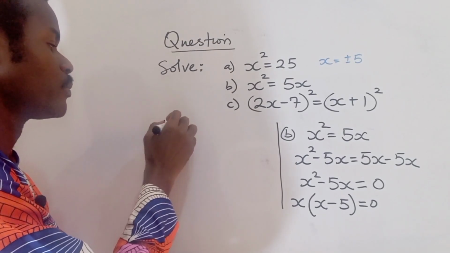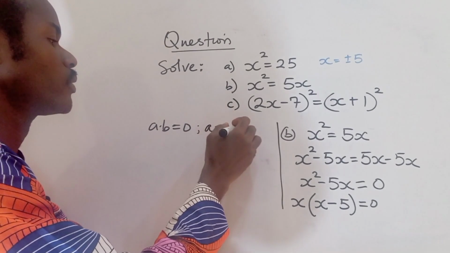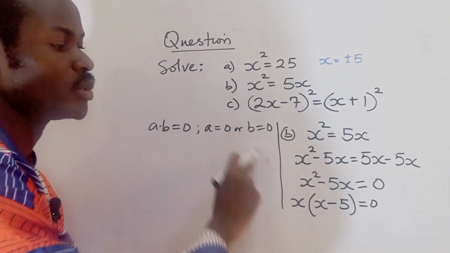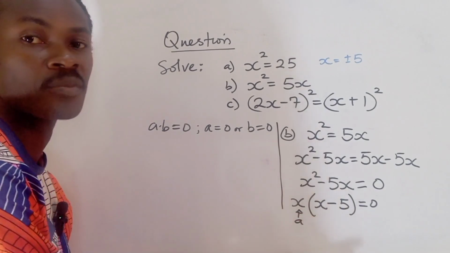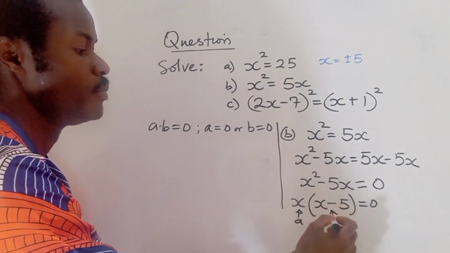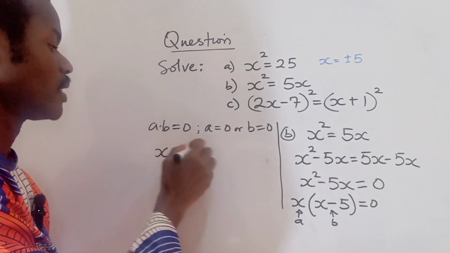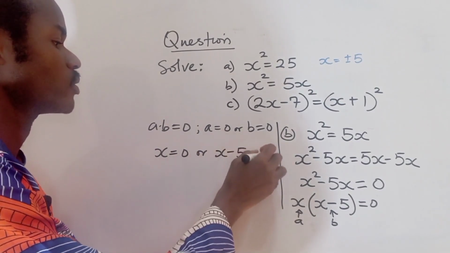If I have a times b equal to 0, it means a is equal to 0 or b is equal to 0. So now apply this rule: this is our a, and this is our b. So we can now say x is equal to 0 or x minus 5 is equal to 0.